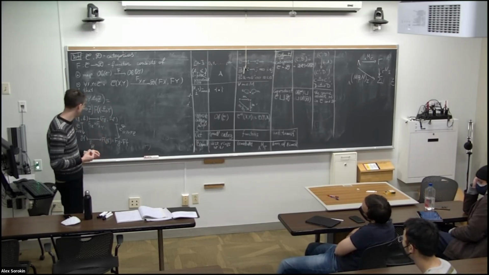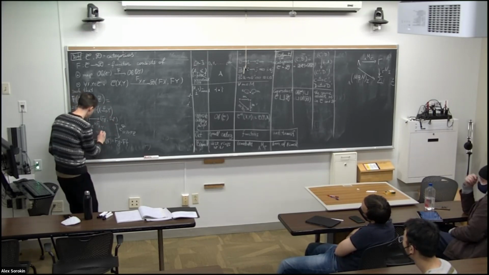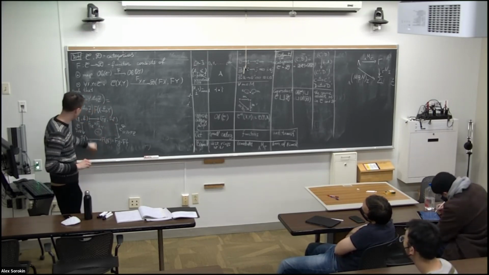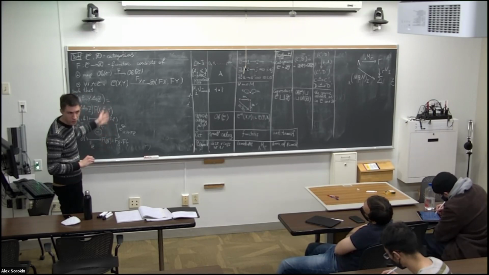Let's write down this thing. It's this square. I will write equal in the middle, the square is commutative.